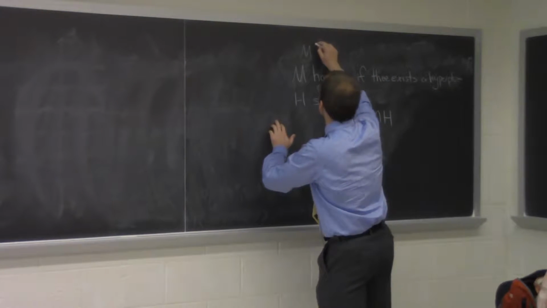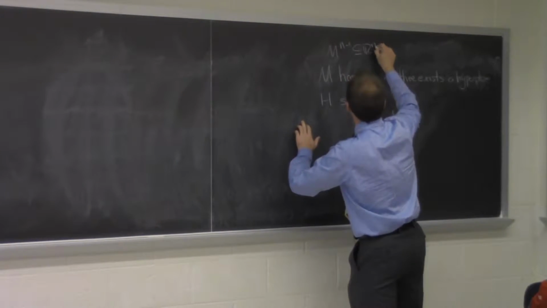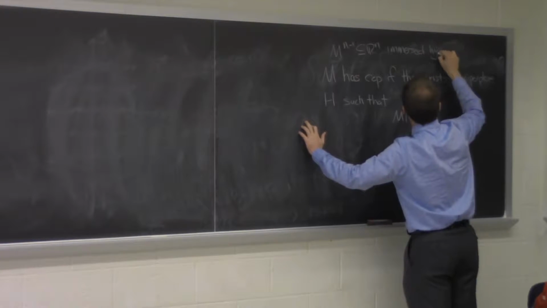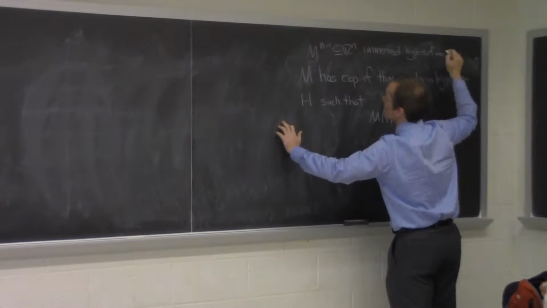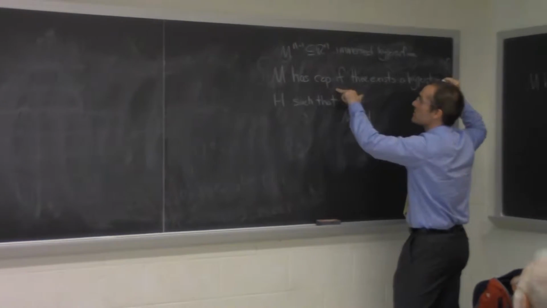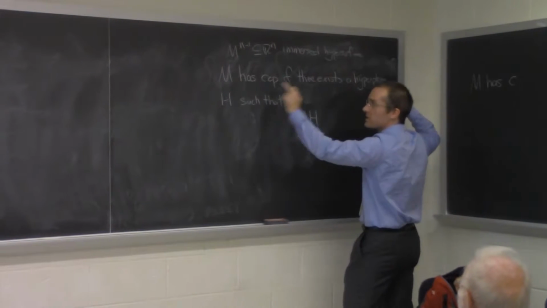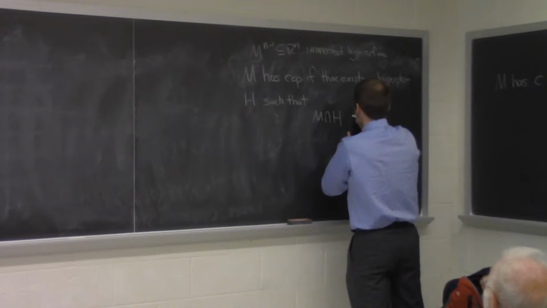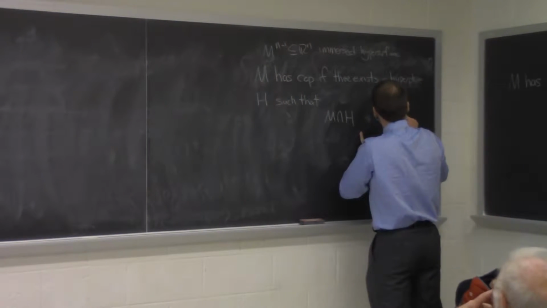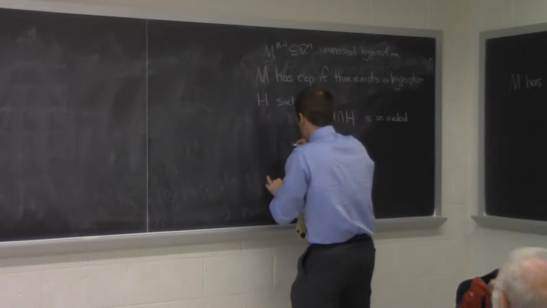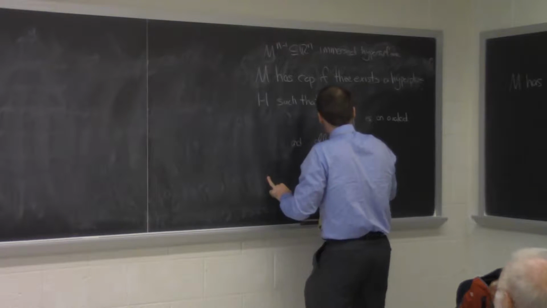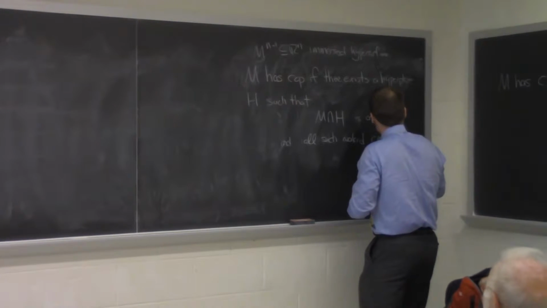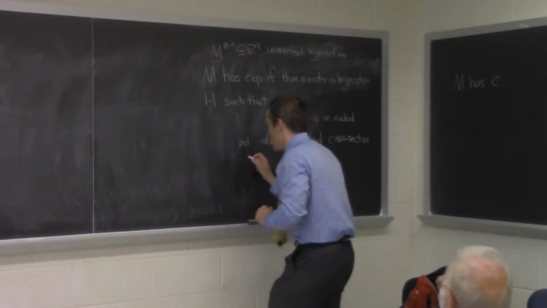So let's see, M, we assumed, is an immersed hypersurface. Okay, that M has central ovaloid property if there exists a hyperplane H, so there exists at least one, such that M intersect H is an ovaloid, and all such ovaloid cross sections are central.